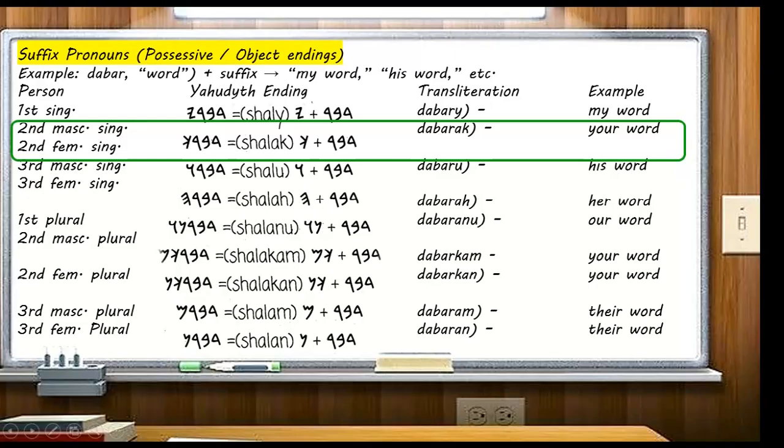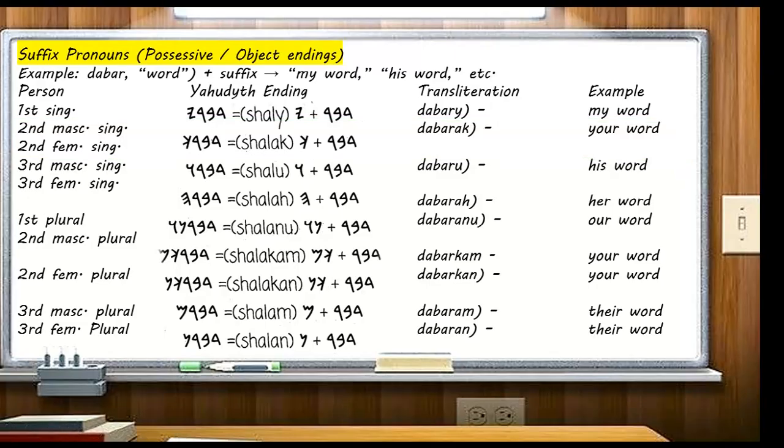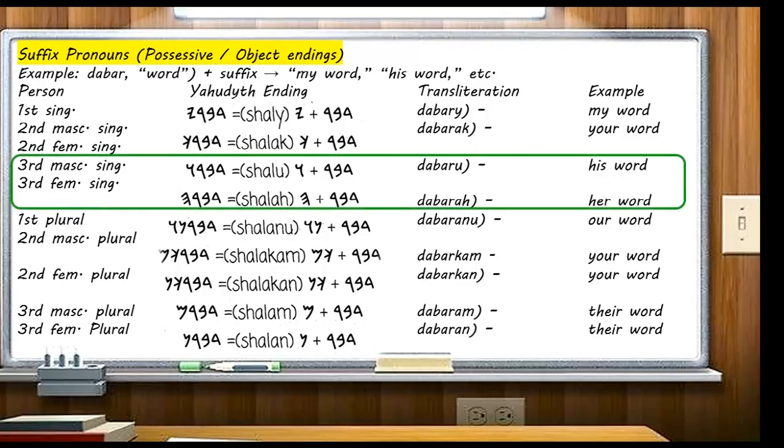Then we get to third person singular, his word and her word. Of course, the word for his is shalu. So again, from right to left, when we combine dabar plus the u, ending of shalu, we get dabaru, his word.